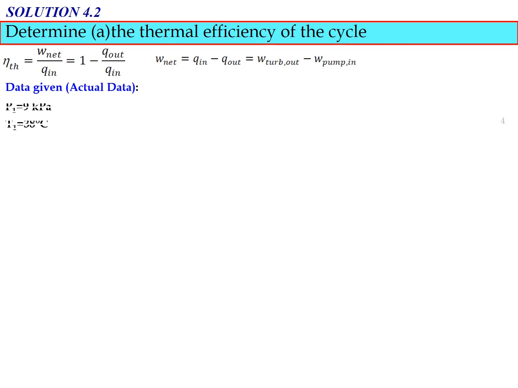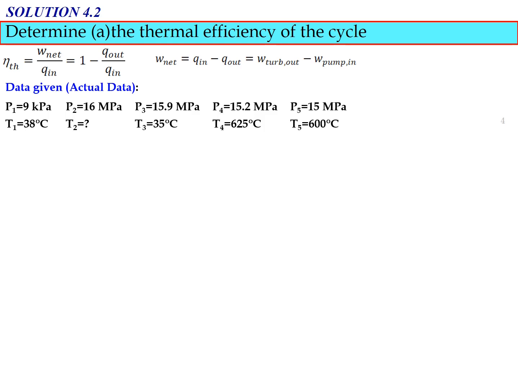Okay, the data given based on the figures. So we have P1 equal to 9 kilopascal, T1 equal to 38 degrees Celsius, P2 equal to 16 megapascal, T2 unknown, P3 equal to 15.9 megapascal, T3 equal to 35 degrees Celsius, P4 equal to 15.2 megapascal, T4 equal to 625 degrees Celsius, P5 equal to 15 megapascal, and T5 equal to 600 degrees Celsius.